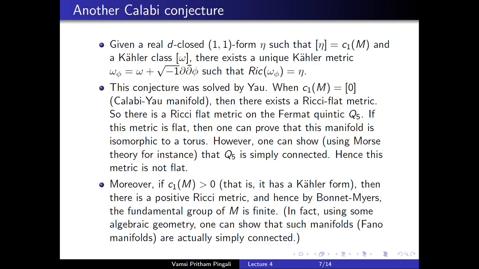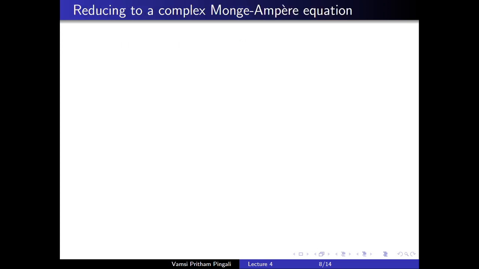Alright, so the Calabi conjecture a priori is a fourth order PDE. Why? Because omega phi involves two derivatives of phi. Ricci involves two derivatives of omega phi, so it's a fourth order PDE in phi. But thankfully, we can actually reduce it to a second order PDE.